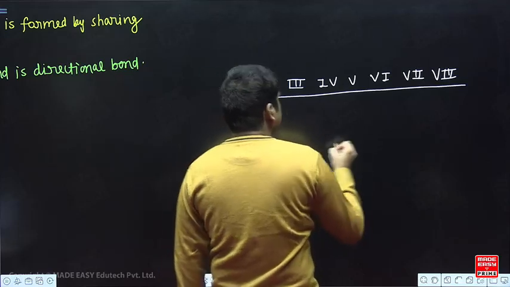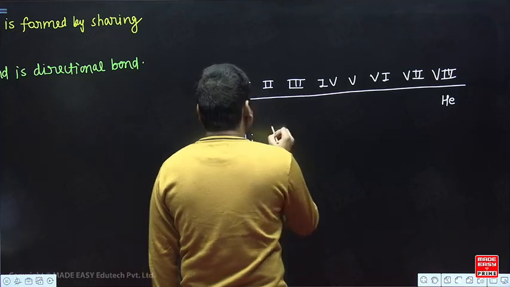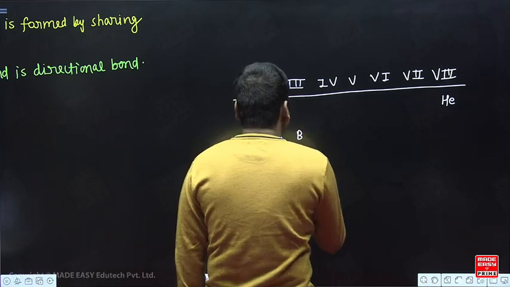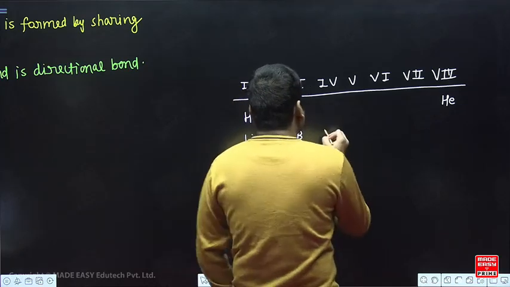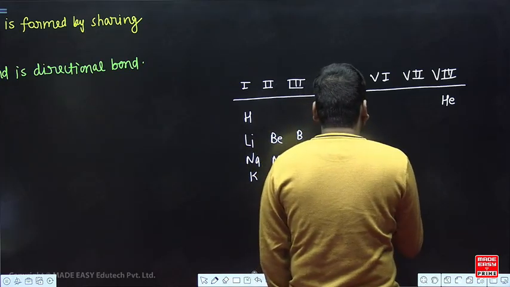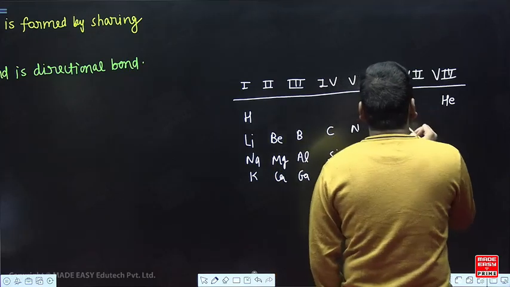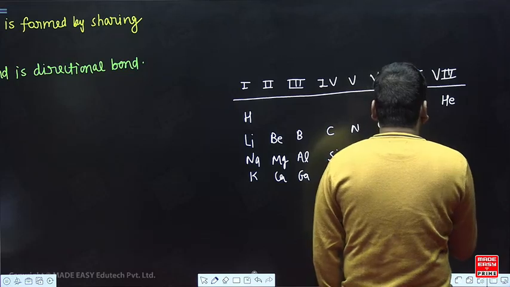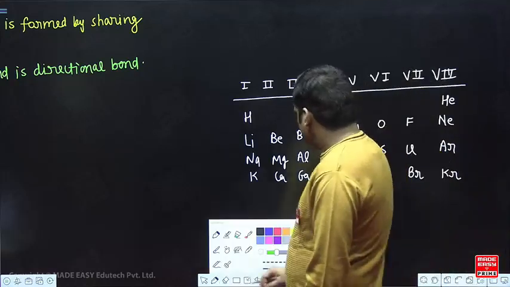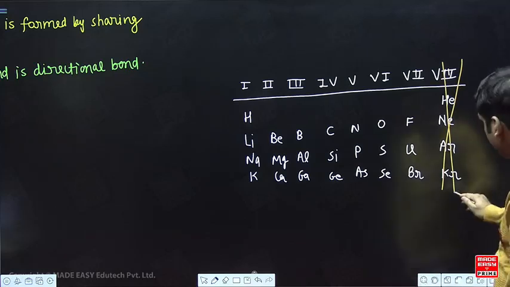So you have hydrogen, helium, lithium, sodium, potassium, beryllium, magnesium, calcium, boron, aluminium, gallium, carbon, silicon, germanium, nitrogen, phosphorus, arsenic, oxygen, sulfur, selenium, fluorine, chlorine, bromine, neon, argon, krypton, etc. These 8th group elements are chemically inactive. They are the chemically inactive atoms.